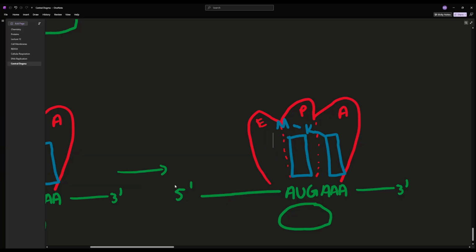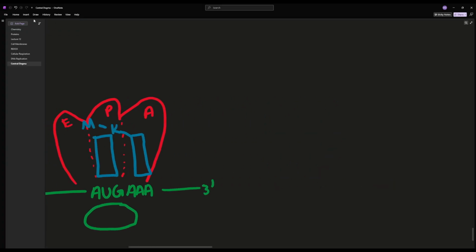Immediately following this, the ribosome is going to move, which is going to require GTP hydrolysis. And it's going to move by one codon. Remember, a codon is a grouping of three nucleotides.